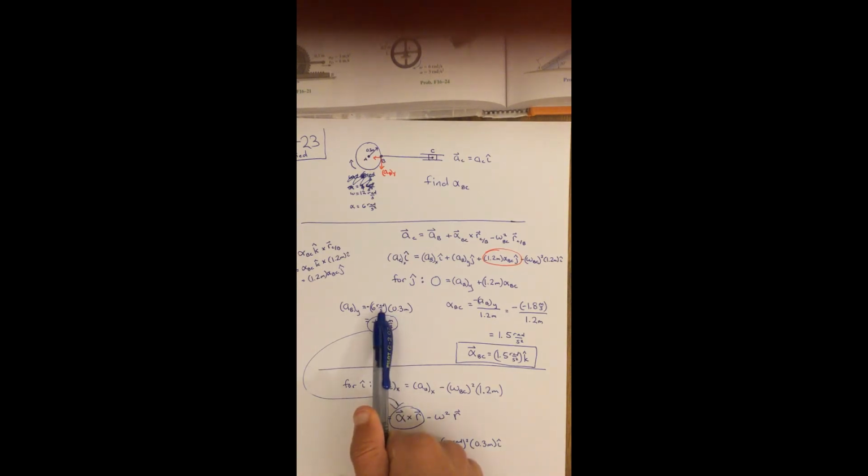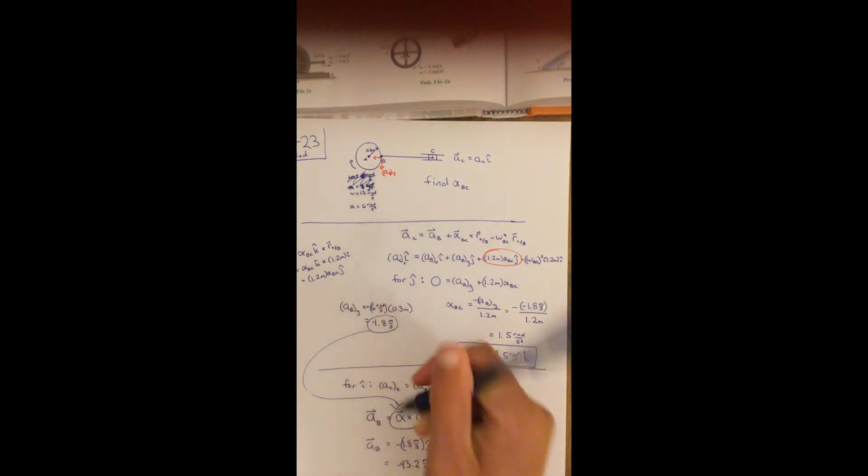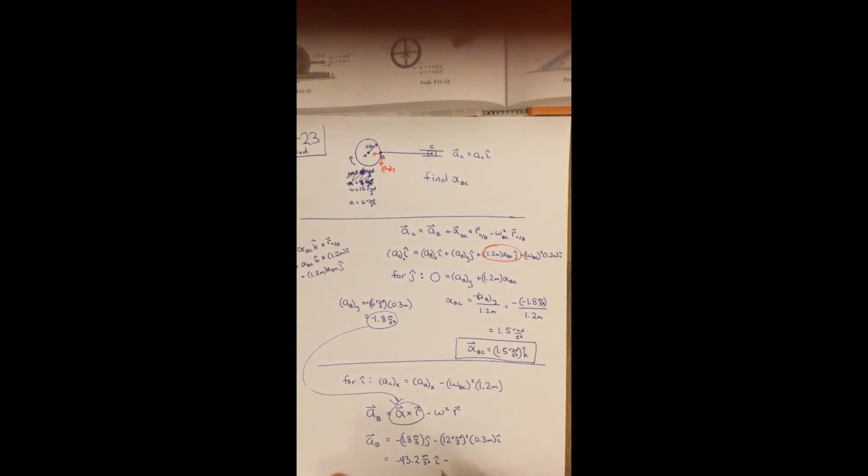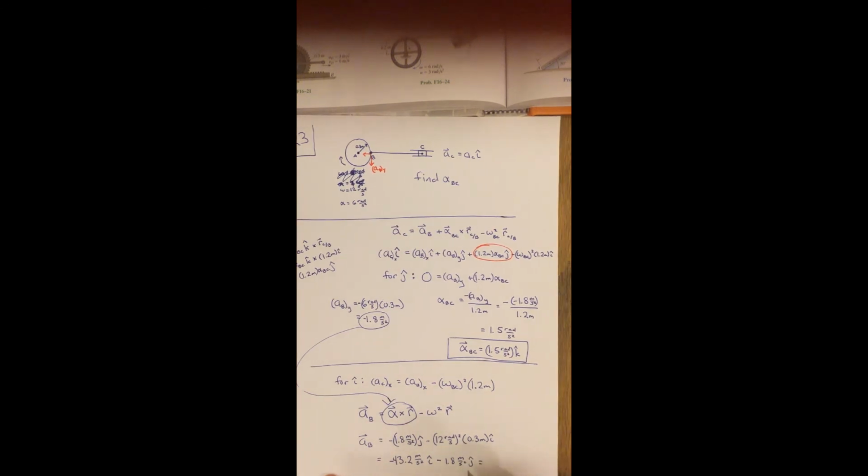What was this? This was minus 6, that was radians per second squared. So this was supposed to be 1.6 radians per second squared, but this turned out in radians per second squared anyways. Okay, so 43.2 meters per second squared minus 1.8 meters per second squared j hat, or we can write that as minus 43.2 I hat minus 1.8 j hat meters per second squared.